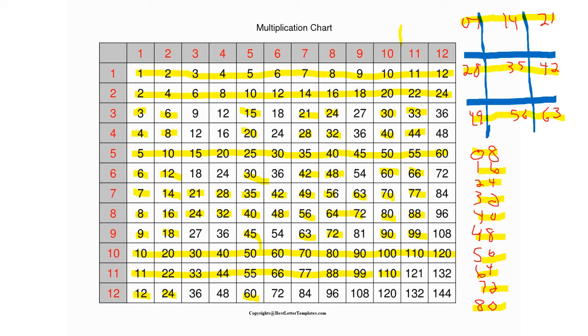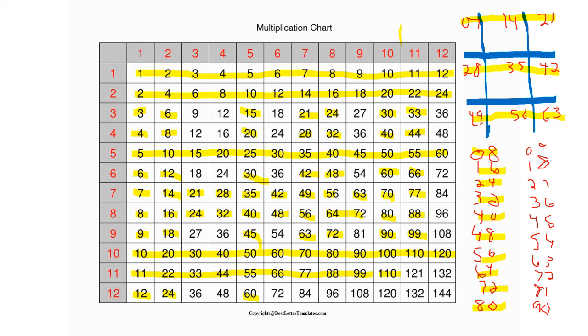The other thing we have going on is the 9s. Remember, we have a little 9 trick. On the 9s we have 0, 1, 2, 3, 4, 5, 6, 7, 8, 9, and 0, 1, 2, 3, 4, 5, 6, 7, 8, and 9.